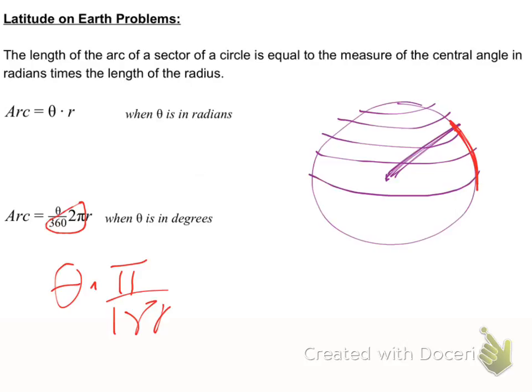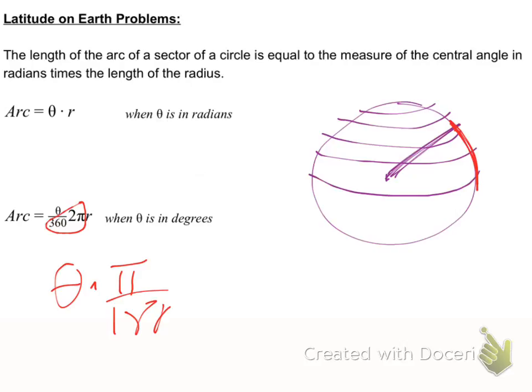So your first step, technically, when we were doing it the old-fashioned way without telling you, was converting to radians. Here's the cool thing: from here on out, problems will either give you degrees or give you radians. And if they give you radians, you're thinking, oh, this is so much easier. Because the arc length is equal to theta in radians times the radius.